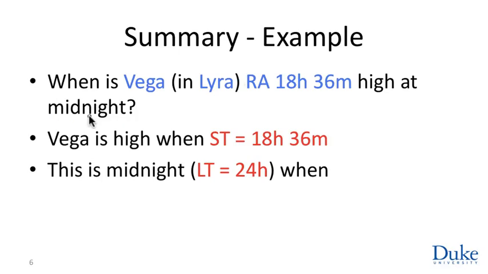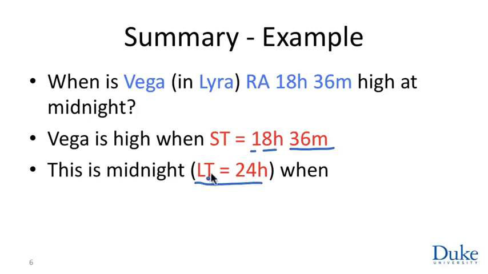Now, Vega, if we look it up, has a right ascension of 18 hours and 36 minutes. According to what we said, Vega is at its highest in the sky, crossing our meridian, when our local sidereal time is 18 hours and 36 minutes, when our local meridian corresponds with the meridian on which Vega lies. I want to know, when is this going to happen at midnight?